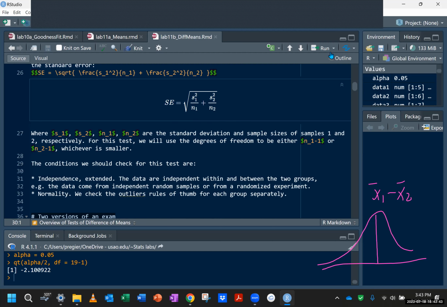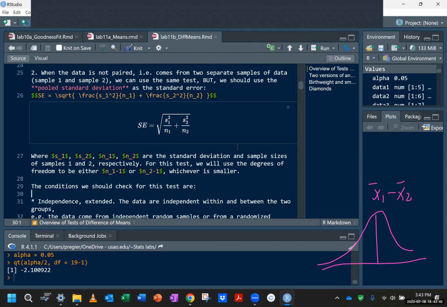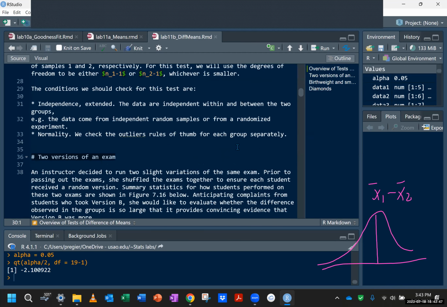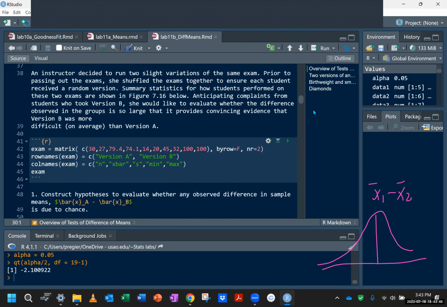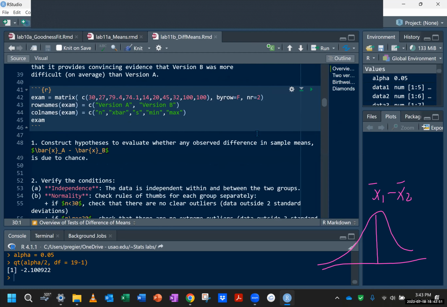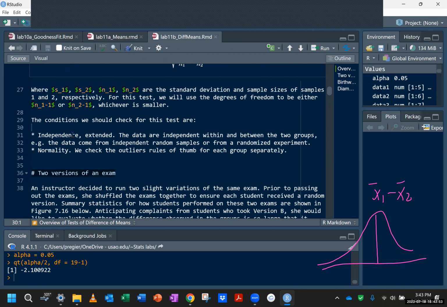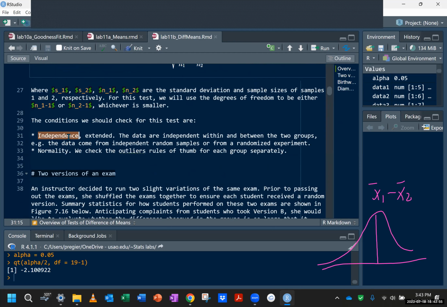So let's first look at how to do our confidence intervals. First, let's look at what our assumptions are. If we are going to use this test, we need to make sure we have independence, both within our groups and between the two groups. That means every person within the two groups is independently sampled, usually achieved by randomization. And lastly, we need to check the same rules of thumb for outliers for both groups.